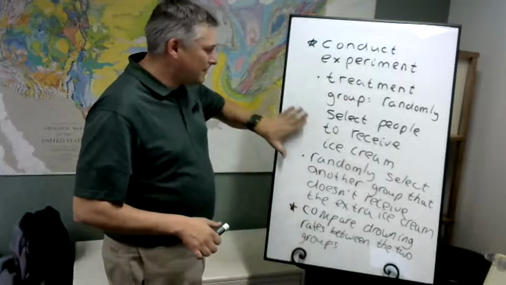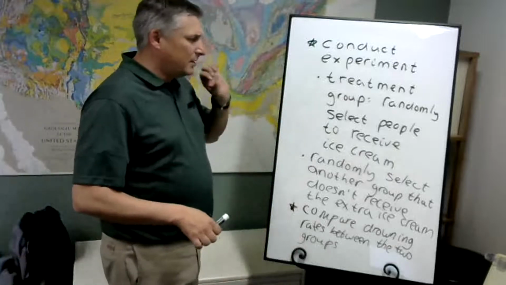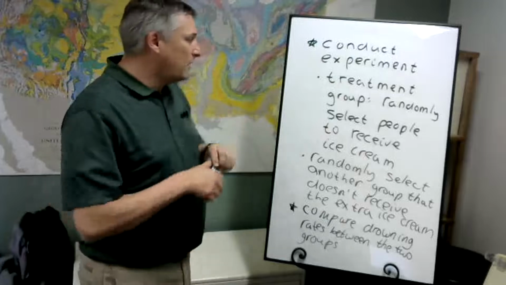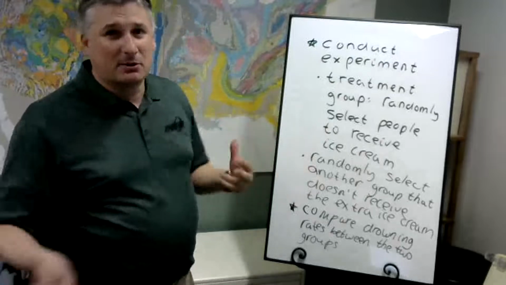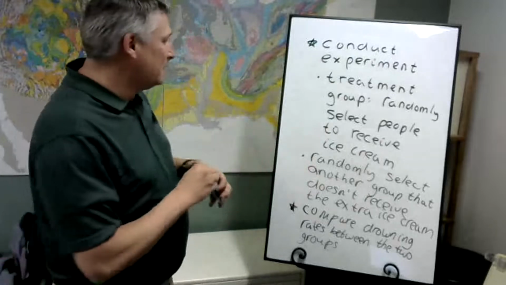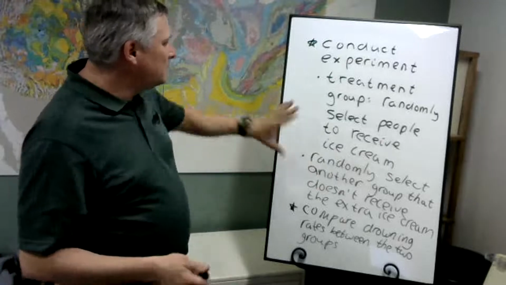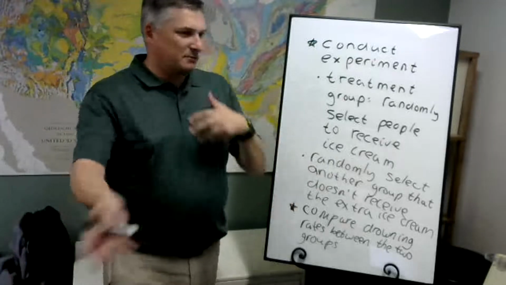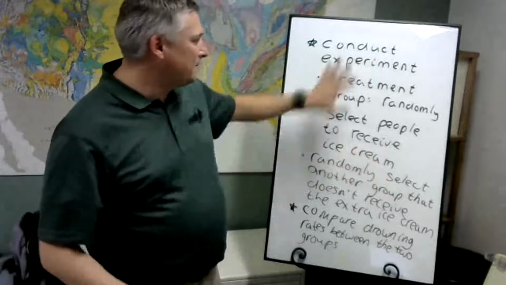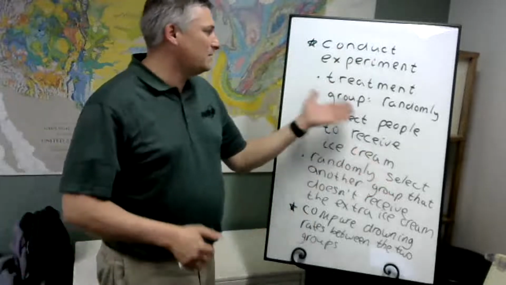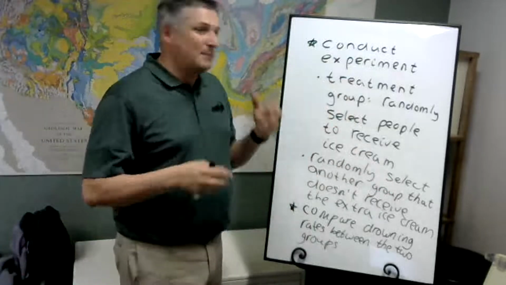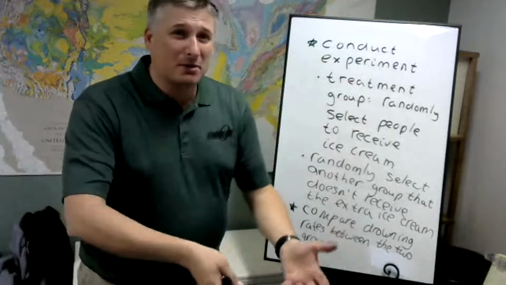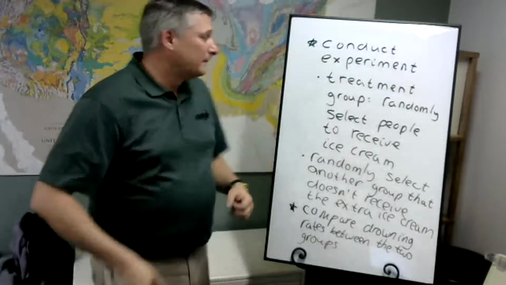But this would be at least some way of getting around the temperature variable. You could do this in the summer, the spring, the winter, or the fall, and it might get rid of the temperature variable to some extent. I would argue you could do this, say, in the summer. And so the tendency to eat ice cream might be the same between the two groups, though if you're giving this group a lot more ice cream, they might not be going out buying it as much because they're getting it from you for free.